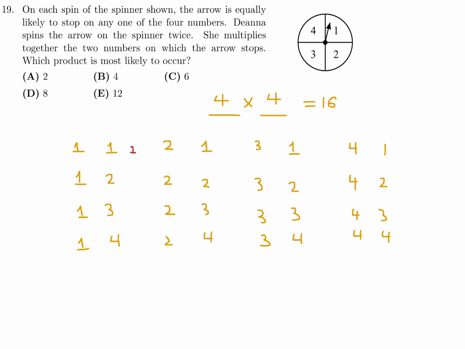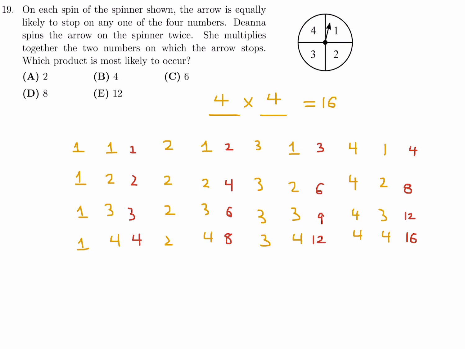So this is 1, 2, 3, 4. 2, 4, 6, 8. 3, 6, 9, 12. 4, 8, 12, and 16. Now, of these products, they're saying which one is the most common.